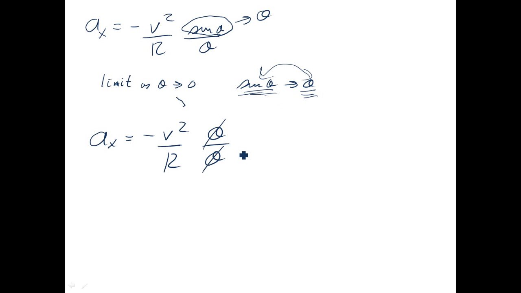And these cancel, and you are left with a_x, which we'll call the instantaneous, equal to minus V squared over r. And notice, I could have chosen to do this with the particle as it rounded the y-axis, or any part of that circle. So this is true in all places.